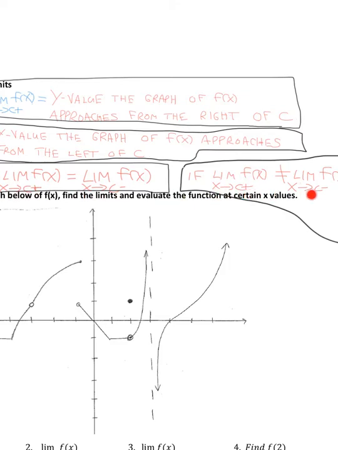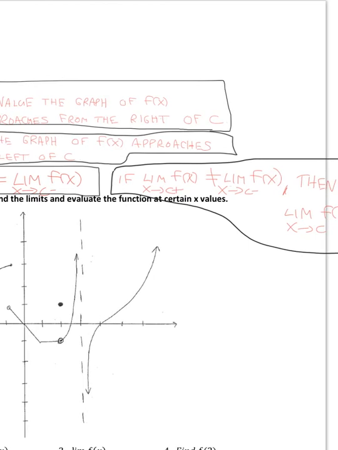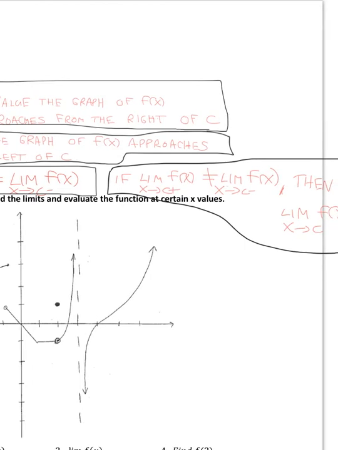If these do not equal each other, then we say the limit doesn't exist. See, we have this DNE. So if these limits don't equal each other, then the overall limit does not exist. Pretty simple concept. We'll take a look at a couple examples, but once you see it, it'll come back to you, and it's very, very simple.